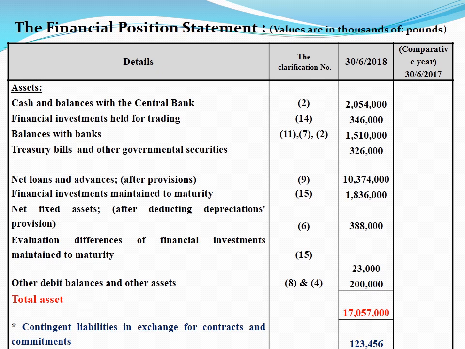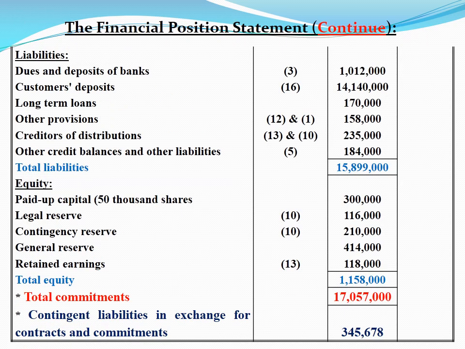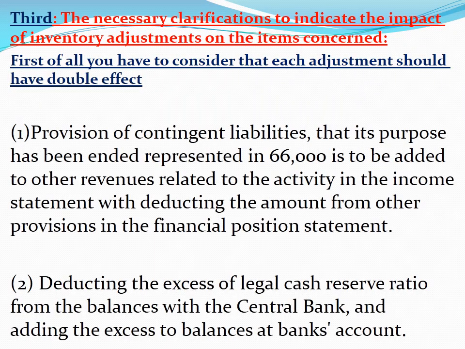The clarifications are in the first column. These are the asset side, and at its end the total is 17,057,000, then the contingent liabilities and exchange for contracts and commitments. The remaining is liabilities and equity, with the same total 17,057, then contingent liabilities and exchange for contracts and commitments. You do not need me to read the necessary clarification to indicate the impact of inventory adjustments on the items concerned.